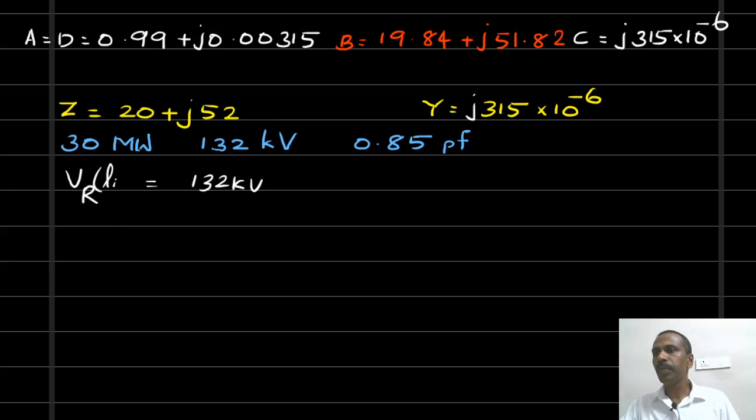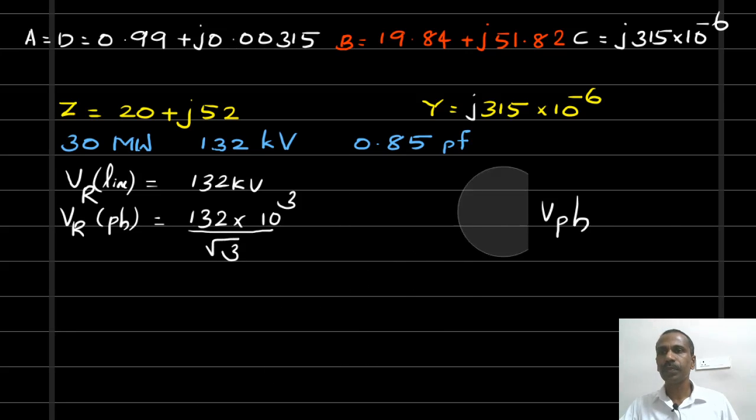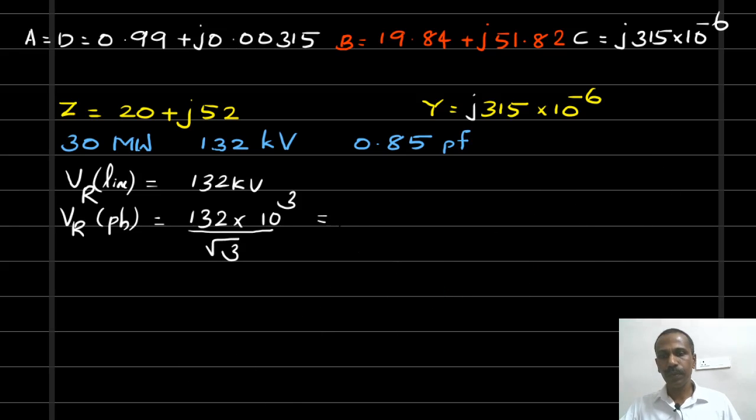The voltage given in the problem is the line voltage. We have to find out the phase voltage. We assume that it is a star connected system. So the line voltage equals √3 times phase voltage. So the receiving end phase voltage is 132 into 10 raised to 3 divided by √3. So this is equal to 76210 volt.